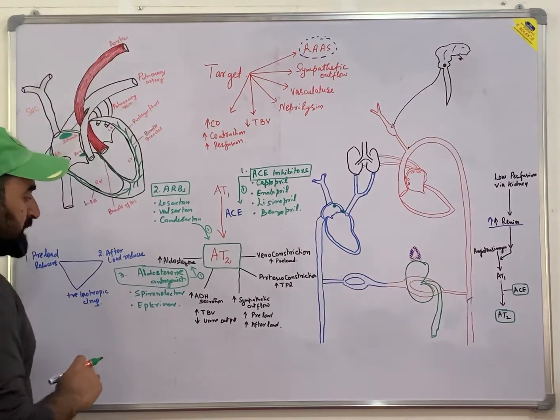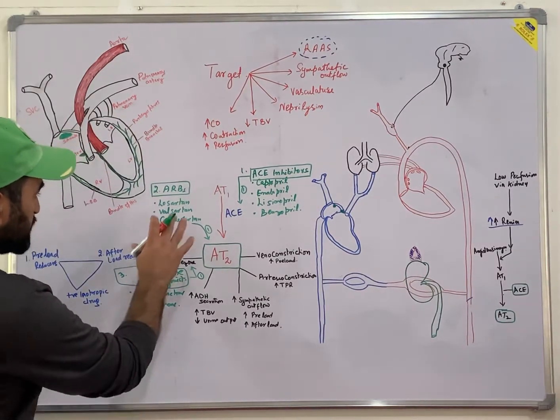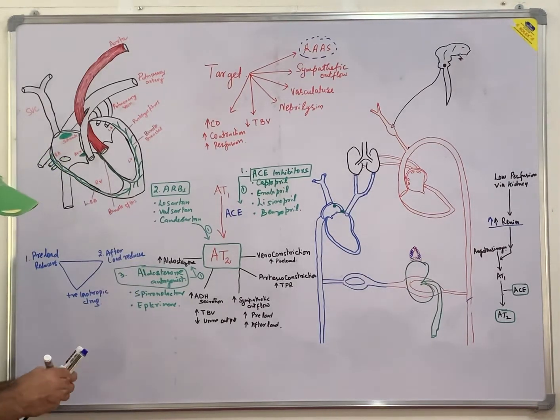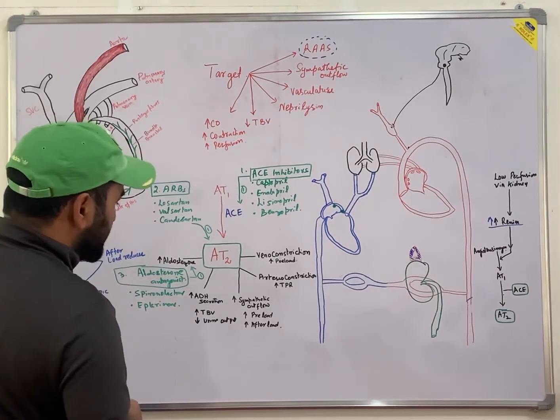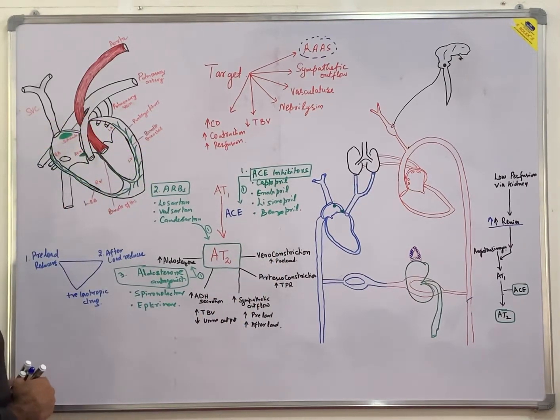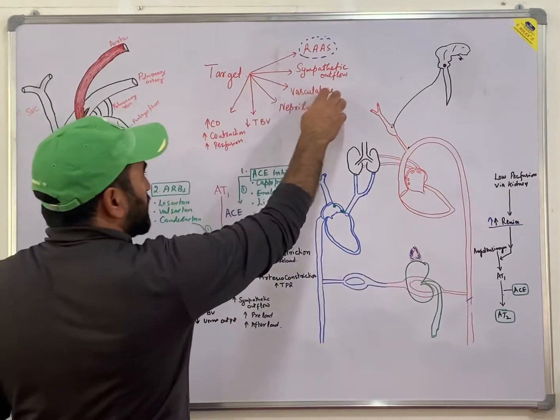Okay, now you use aldosterone antagonists. Number four, you use this in order to reduce the sympathetic outflow.